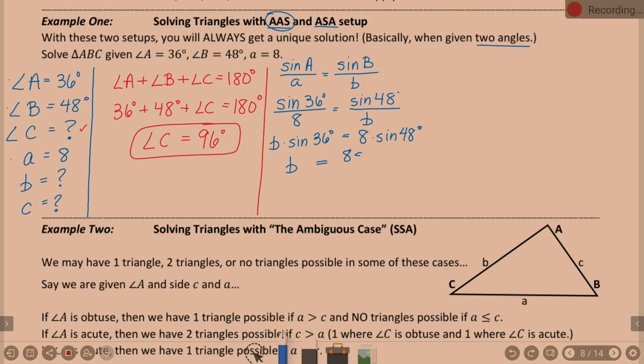So mine, when I put in the calculator, is going to be 8 sine of 48 degrees divided by sine of 36 degrees. Now, everybody sitting in this room is required to pick up their calculator and input this information. So if you haven't already picked up your calculator and practiced, please do so.